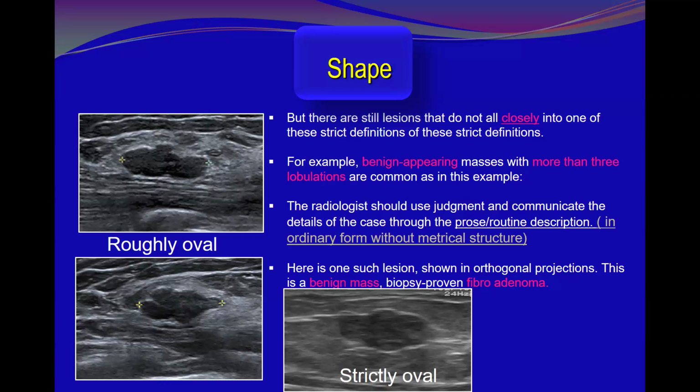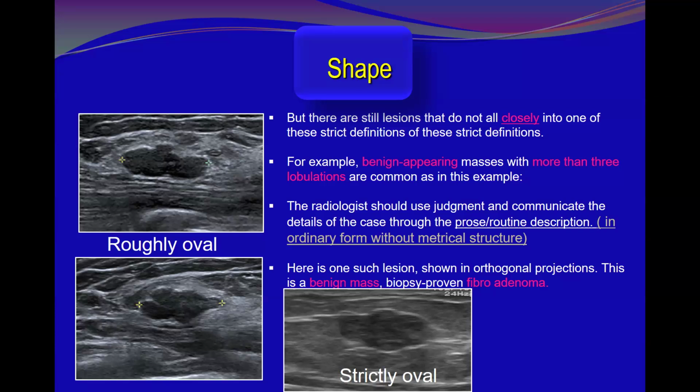So this is strictly oval. According to the ACR descriptor, we can say confidently this is oval shape. But when we look at this, we can say roughly it is an oval shaped mass.